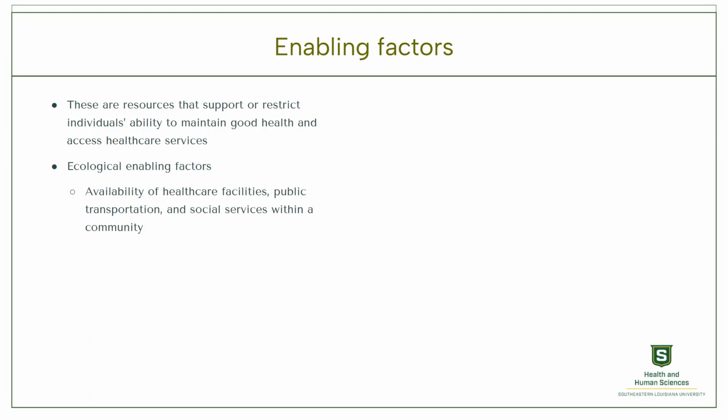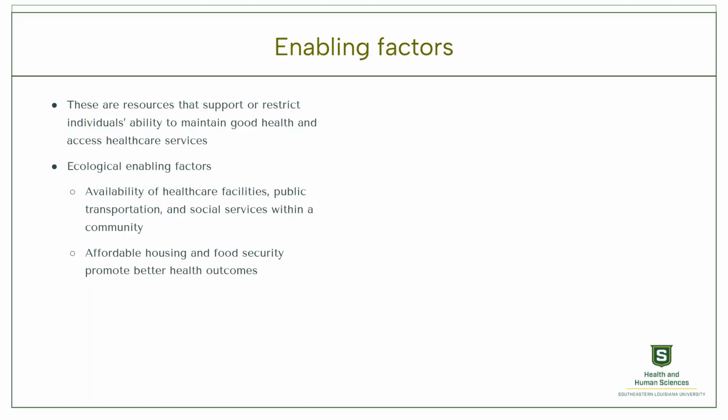So on the ecological side, we're looking at whether healthcare services are even available, or whether there is public transportation, or whether that community offers social services. And then things like affordable housing and food security are enabling factors that promote health outcomes.